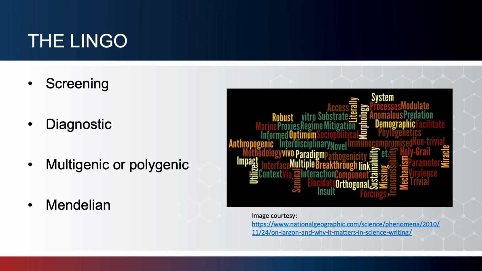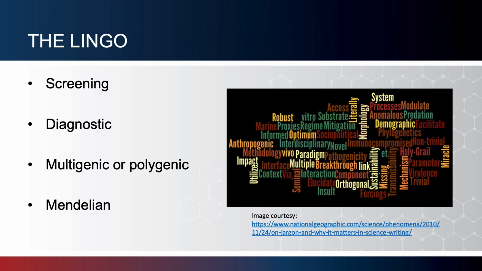Screening is testing that is done on a broad group of people for the idea of looking for something in general. So you may not have symptoms of whatever the condition is we're screening for, but we're checking everybody for it. Diagnostic testing is done for a specific symptom or for a specific reason. You have a family history of something or you have personal symptoms.